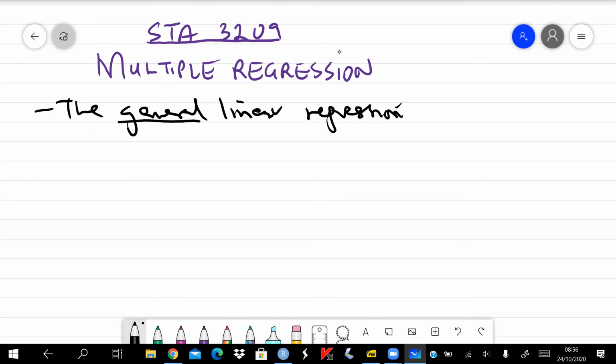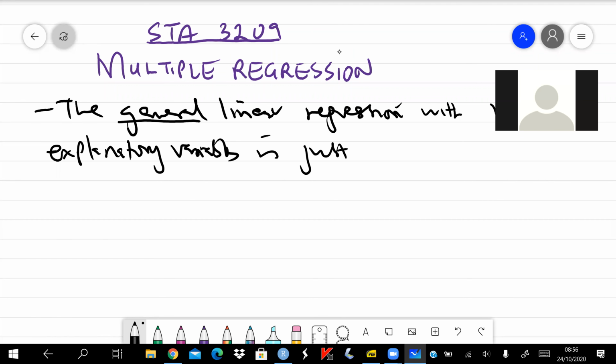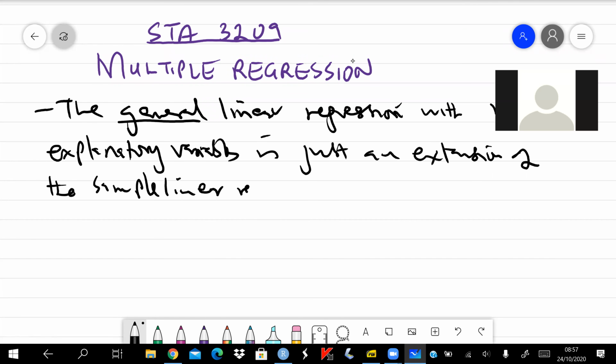So we're saying that the general linear regression with k explanatory variables is just an extension of the simple linear regression as follows. It's just an extension of the simple linear case that we looked at last week.